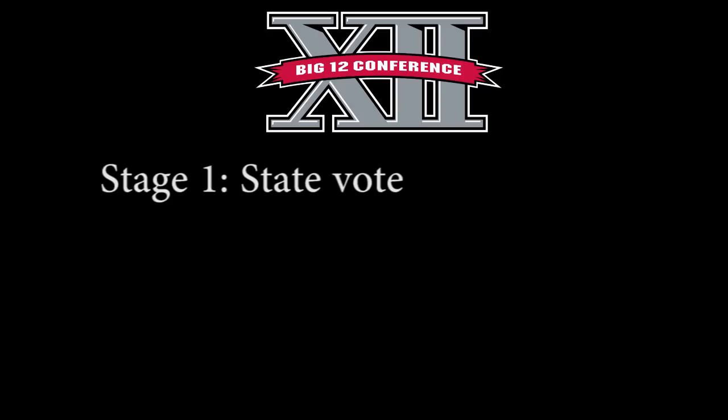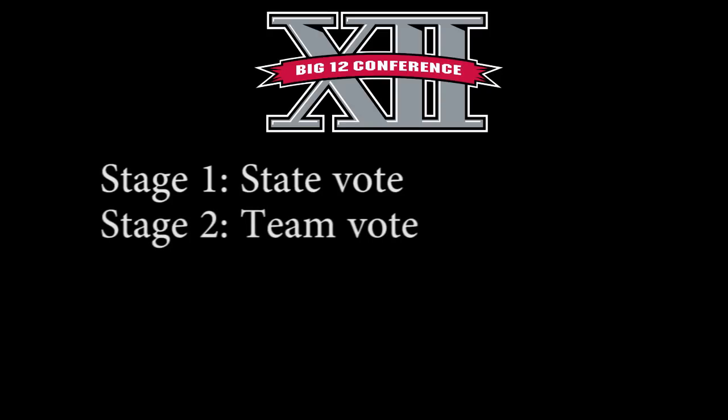You guys are going to look at the states and vote which group you like the most, and then after that we're going to get into a team runoff. Those 3 teams that are left standing, you guys will be voting individually on those teams.